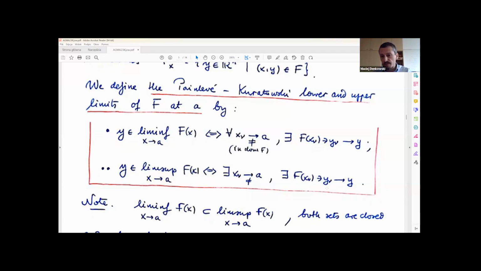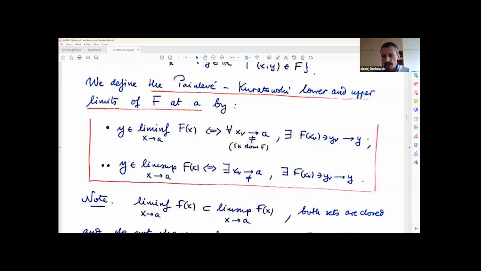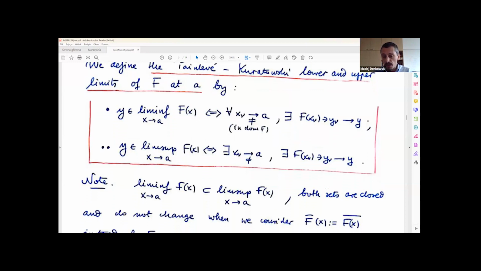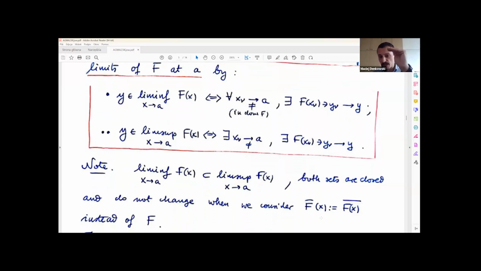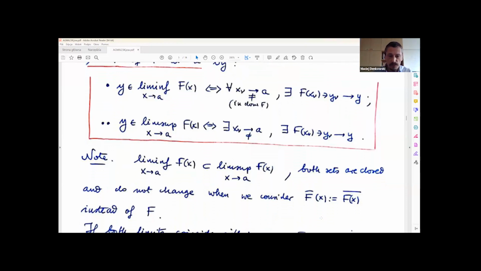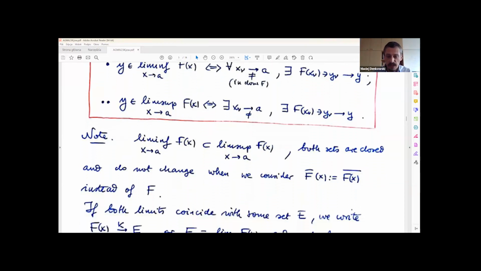It is easy to see that both sets are closed and that they do not change if you replace the initial multifunction by the multifunction obtained by taking the closures of its values, right? It's a purely topological fact.